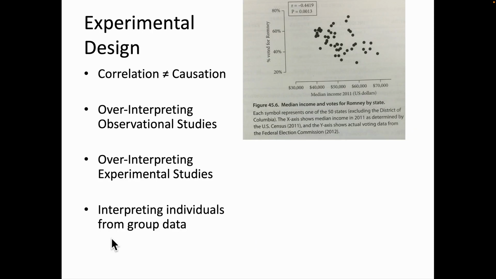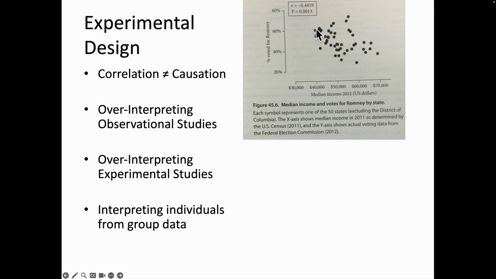Experimental design can cause all sorts of problems, and we've talked about one of them. And that's this issue between correlation and causation. You want to avoid over-interpreting observational studies, like the one we see right here, which describes the median income of individuals in 2011 relative to the likelihood that they voted for Romney. It identifies it across 50 different states, and it's correlative, and it kind of suggests that there's a negative relationship.